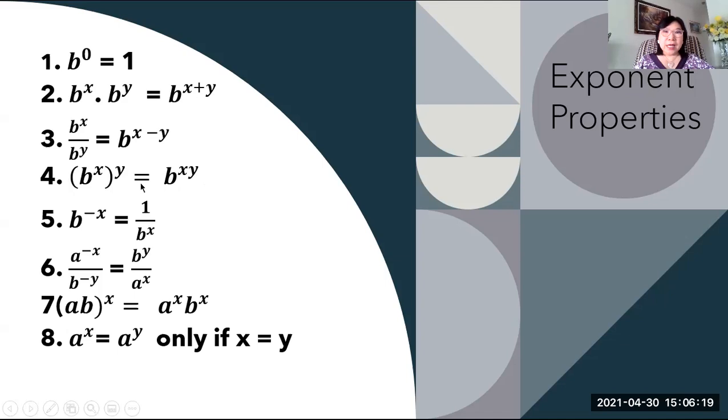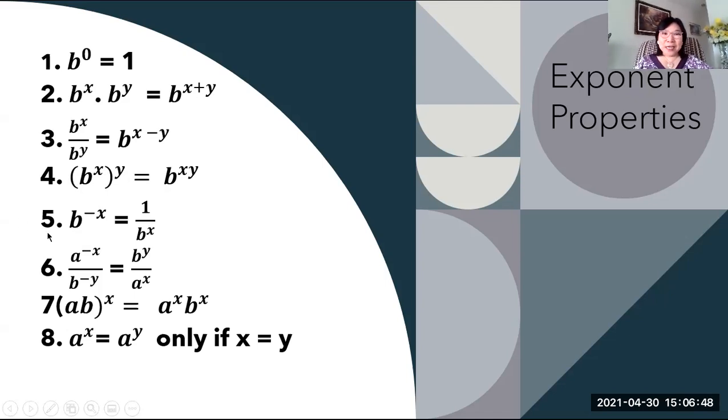So the answer will be b to the power x multiplied by y. So you see the idea is not simply to multiply the powers, it's that you power the first time and you power it again. And that's why you now multiply the powers together.